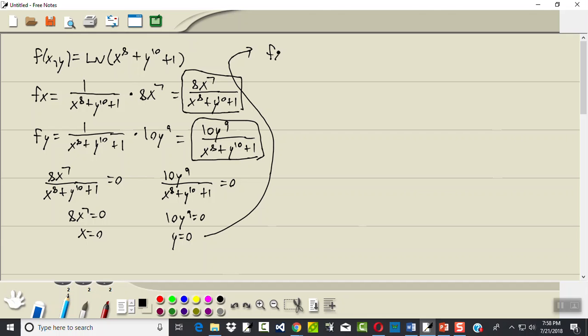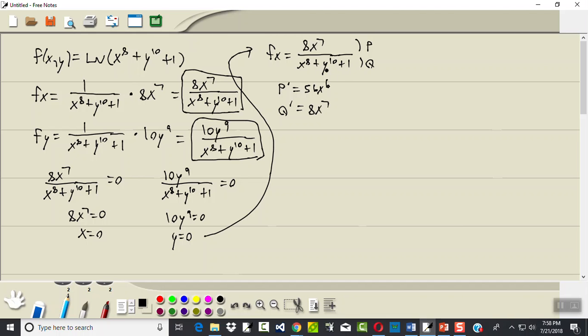So fx equals 8x to the 7th over x to the 8th plus y to the 10th plus 1. And we're taking the partial with respect to x. So this will be p, this will be q. This is a quotient rule. p prime, partial of this with respect to x, would be 56x to the 6th. q prime, partial of this with respect to x, would be 8x to the 7th.